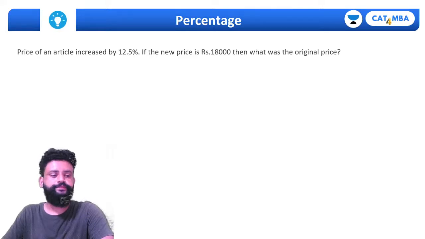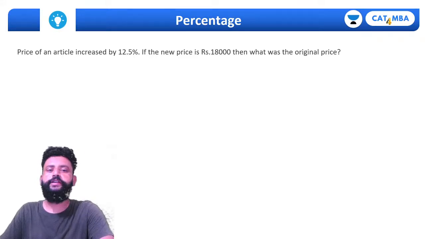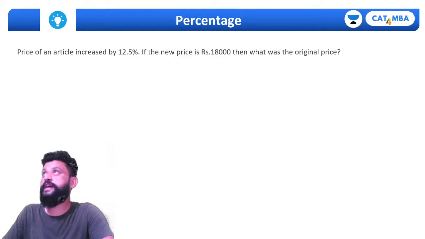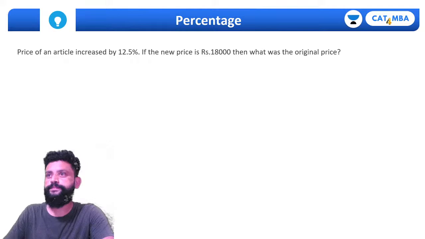Anyone? How to do the calculation part here? Tell me, Satya Prakash, what answer will come? It should not take more than 20-30 seconds to solve.